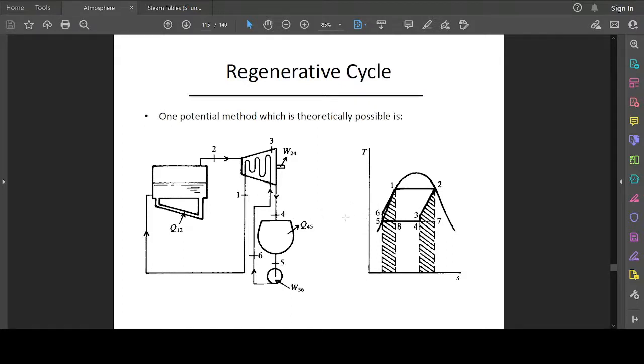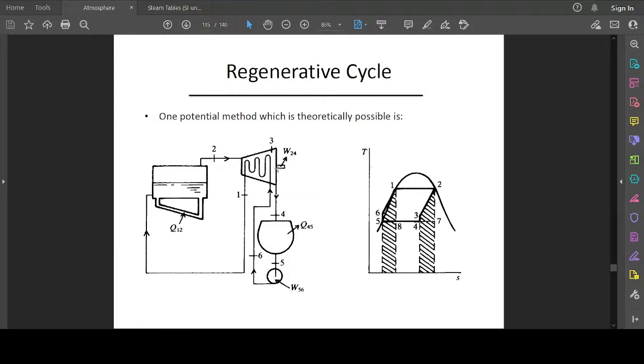As you can see in the diagram, this is the boiler and the turbine with heat transferred from the turbine, adding heat.